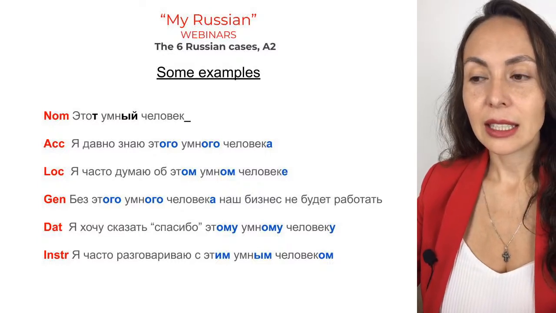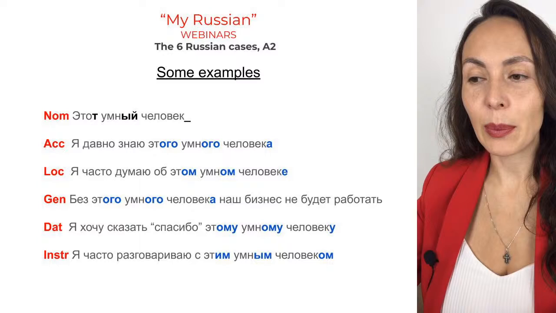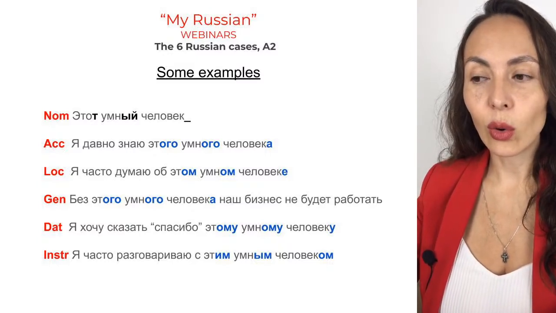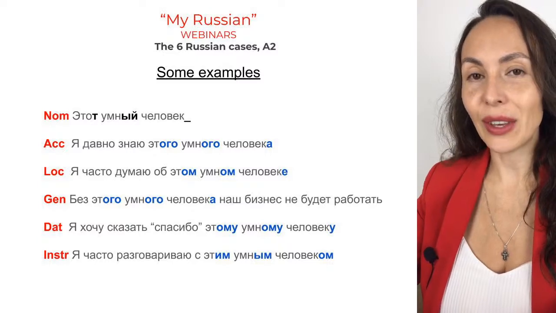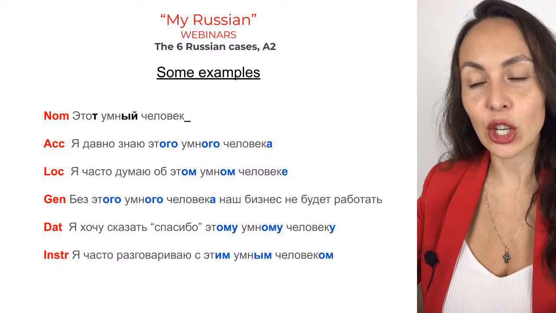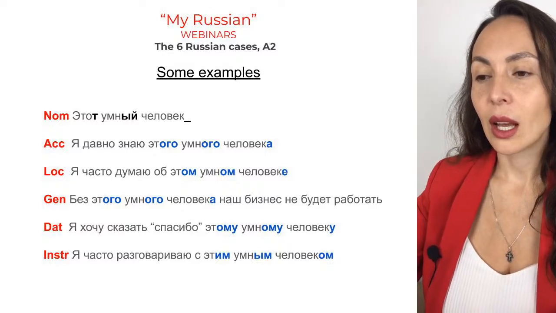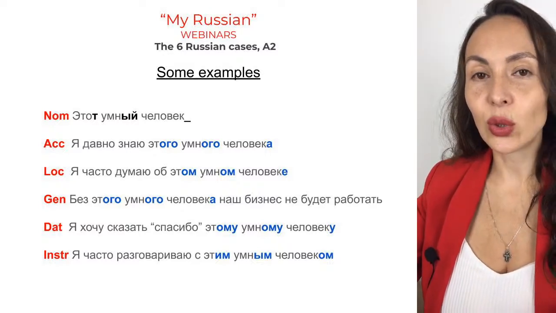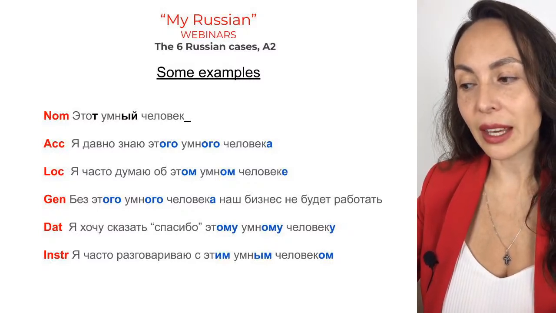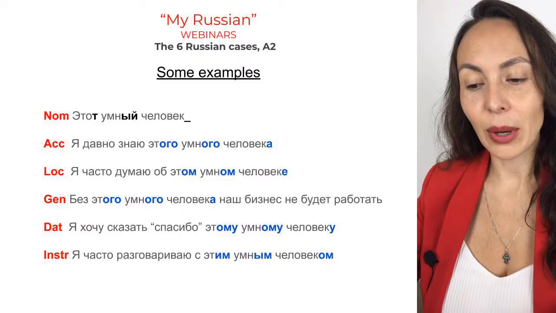And in the cases, what happens? Я давно знаю этого умного человека. Locative. Я часто думаю об этом умном человеке.